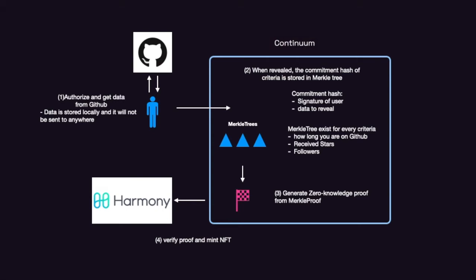This commitment hash is generated from the signature of user data and which data to reveal. In the last step, you generate the zero-knowledge proof from the Merkle proof, and you can submit this on the blockchain. In this proof of concept, we have a contract on Harmony, and there's a verifier contract that you can use to verify this proof. Once it's verified, you can mint your NFT.